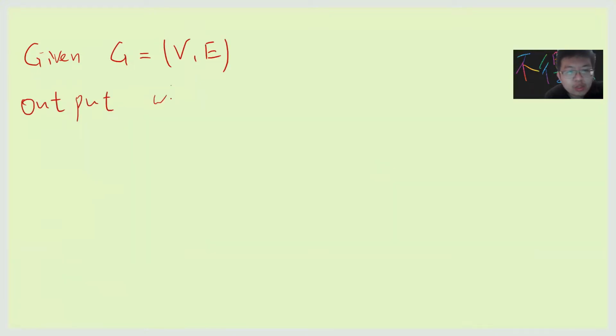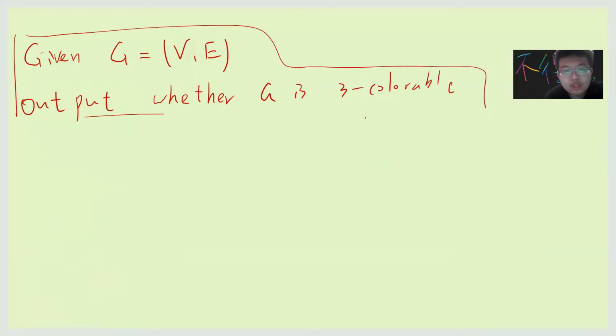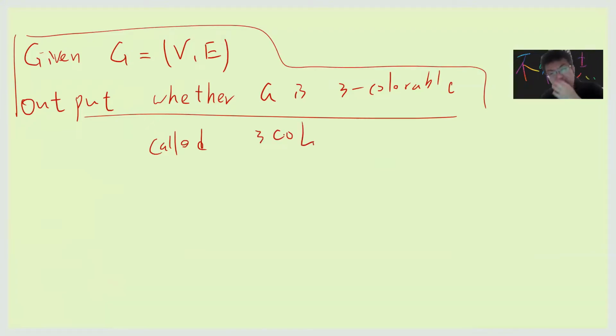The problem in computer science is: given a graph G, you want to output whether G is 3 colorable. This decision problem is called 3COL. The theorem I'm going to prove is that 3COL is NP complete.